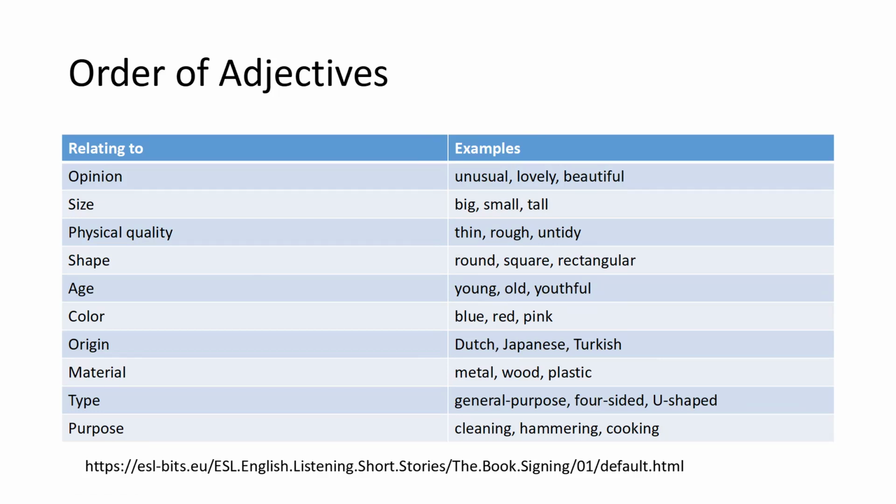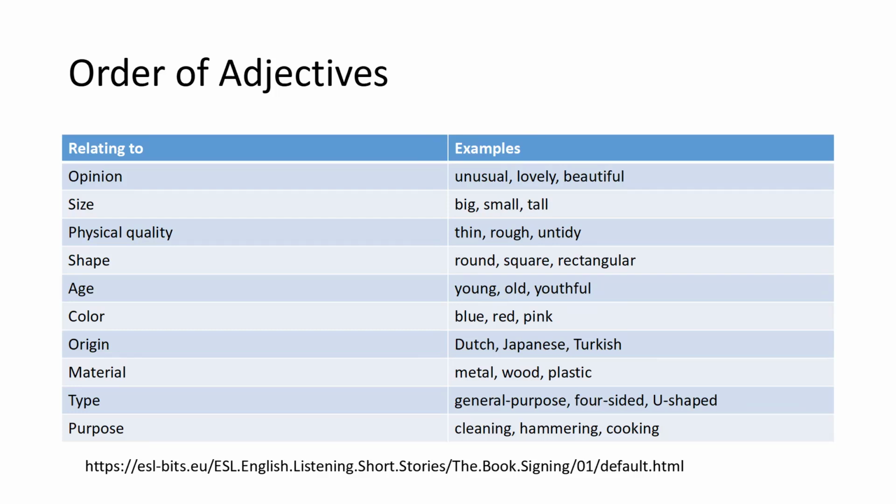Then we have to use origin: Dutch, Japanese, Turkish. Then the material: metal, wood, plastic. And the type: general purpose, four-sided, etc. And the last bit is purpose: cleaning, teaching, hammering, etc.